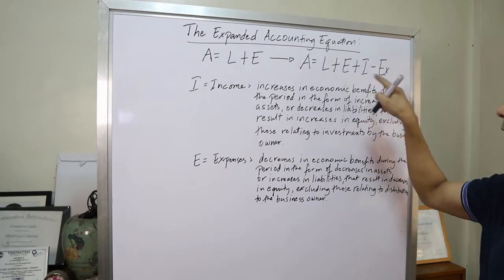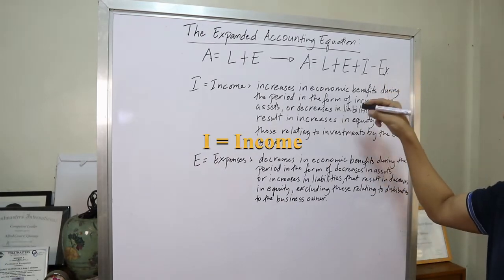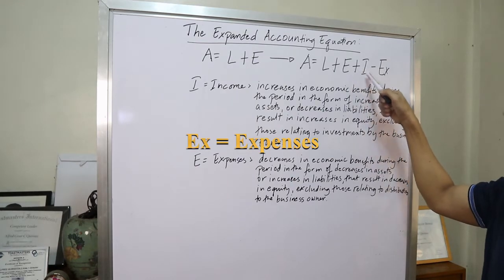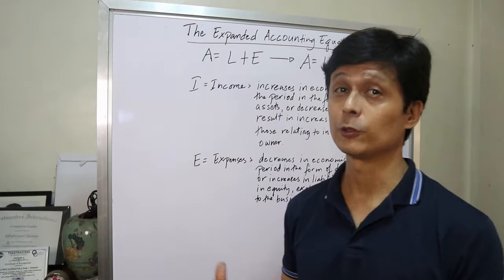So I stands for income and EX stands for expenses. So makikita natin plus I less EX. So ito yung dinagdag natin, itong dalawang to.